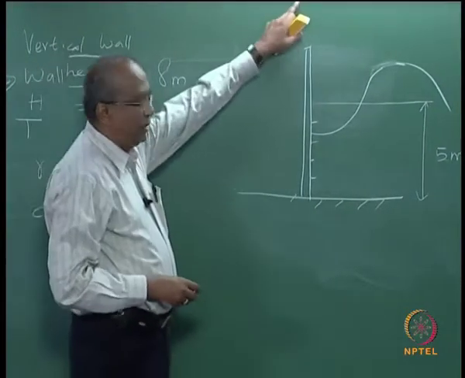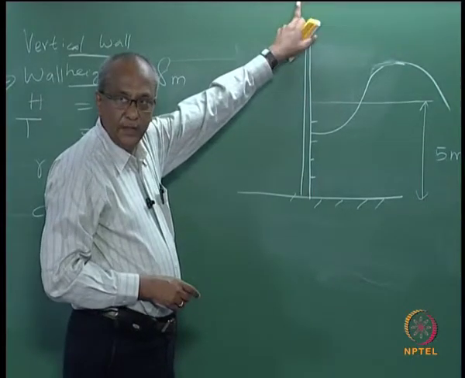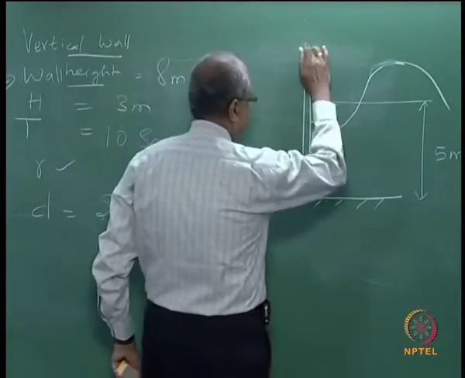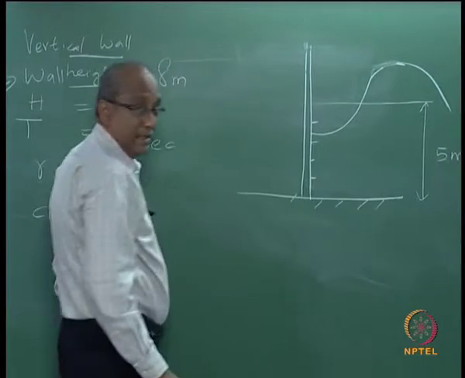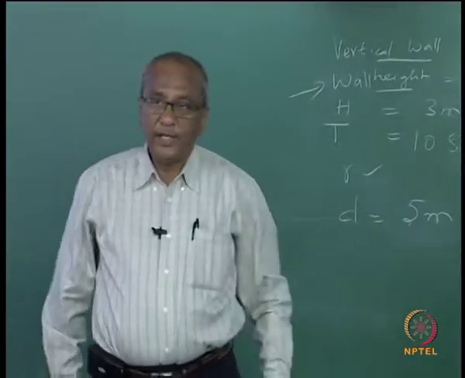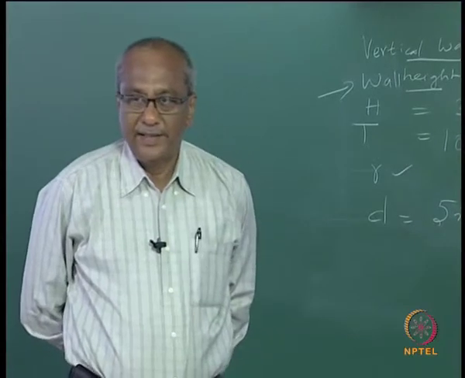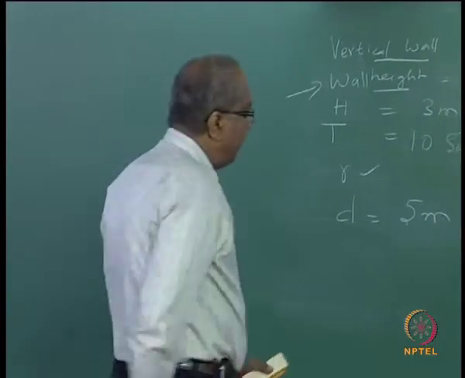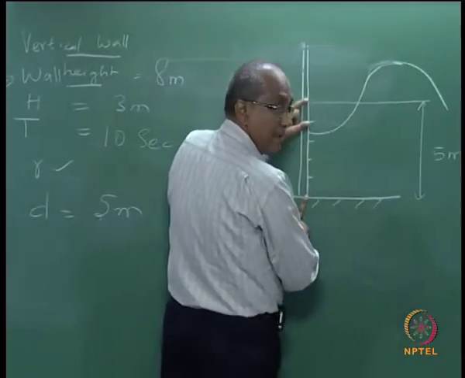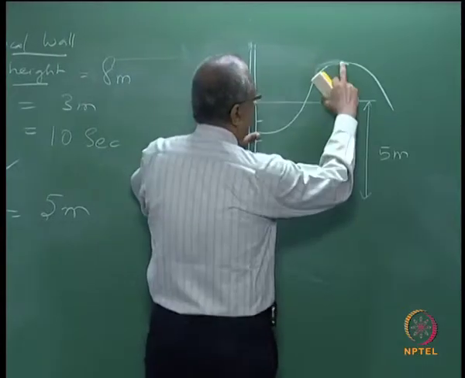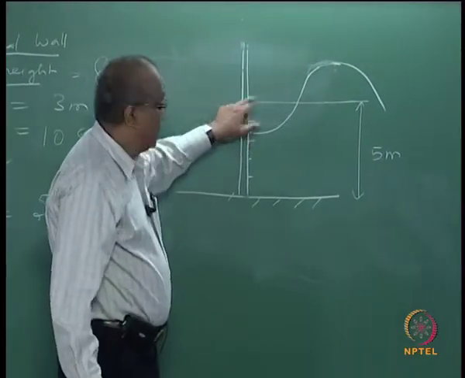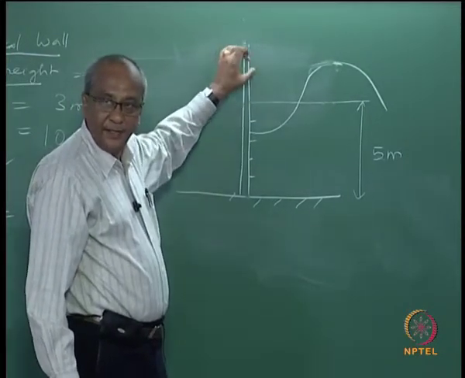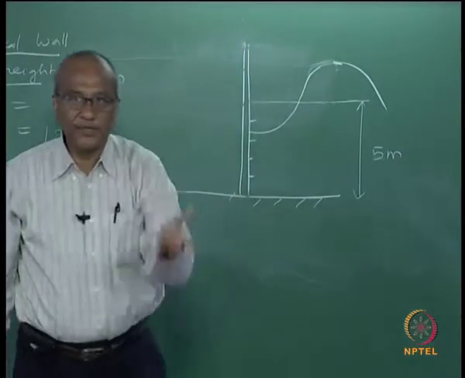So naturally, if you want to design it as a non overtopping wall, then it has to be at least, say, how much, maybe add another 2 meters. So this is the 0.5 meters water depth and you have 1.5 meters. So that means this height will be 6.5. So for sure it has to be certainly more than 6.5 meters.